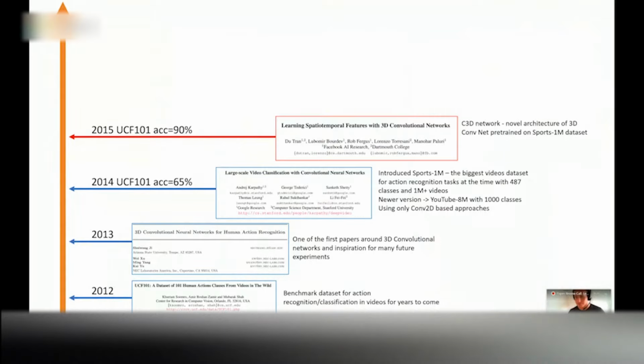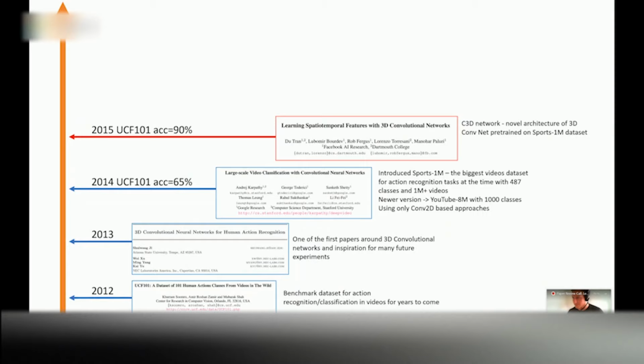Research-wise, if we look into the past of what was available, what was done by folks around the world in the machine learning area, obviously it's not everything, just some of the highlights I think are most interesting. It all starts around 2012, when they came up with this data set called UCF 101, a data set of 101 different human actions coming from videos in the wild.